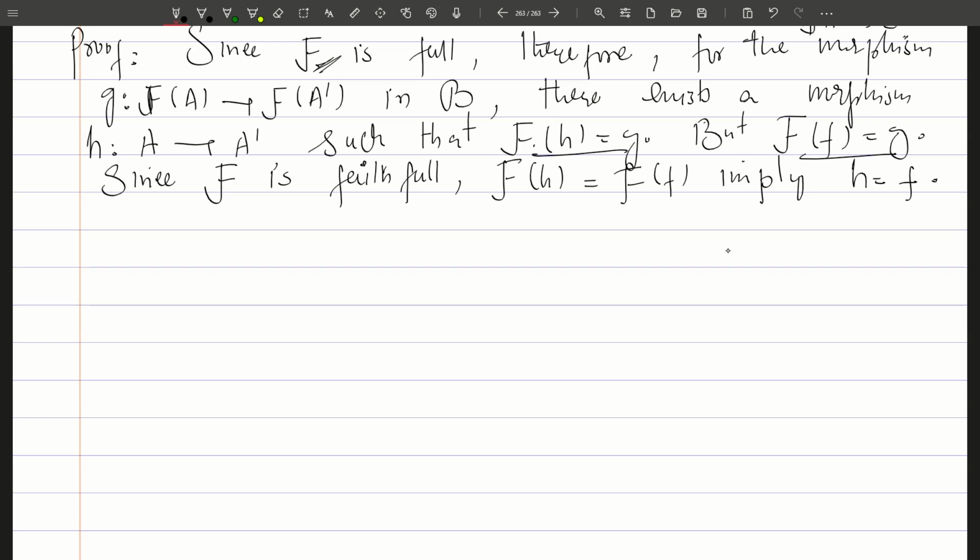So also note that functors preserve isomorphisms.